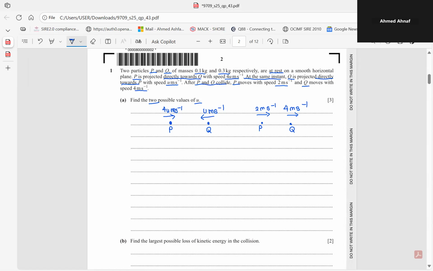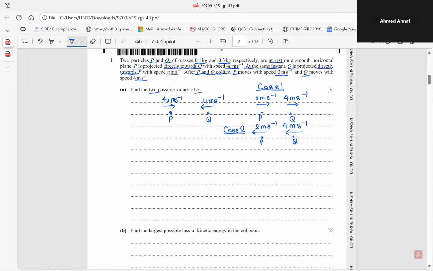The second scenario is that they move in this direction and this direction. So they must be moving in the same direction, right? It's not possible for them to come together and reflect back again. So these are the two possible cases we have to consider. This is case 1, and this is case 2.